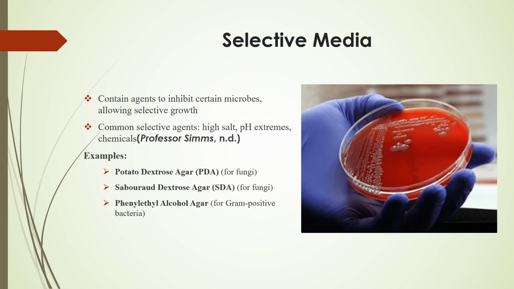It contains phenylethyl alcohol, which stops gram-negative cells from growing by rupturing their outer membrane. In clinical, culinary, and environmental microbiology in particular, these selective media are essential for separating particular microorganisms from mixed cultures.